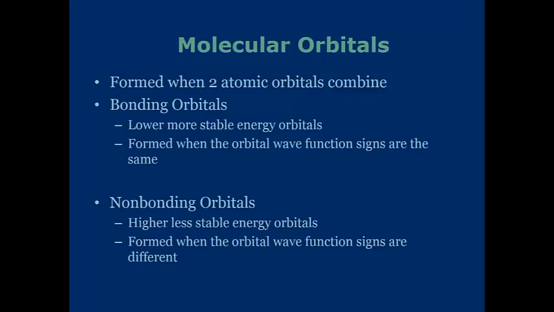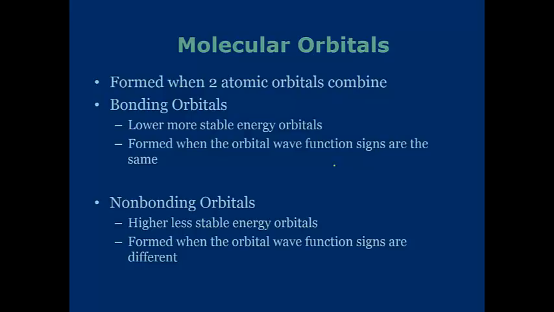Now that we've talked about atomic orbitals, let's go into molecular orbitals. These are orbitals, as the name would suggest, that are formed when 2 or more atomic orbitals combine. So you've got 2 atomic orbitals that are overlapping or not overlapping. If they overlap, they create bonding orbitals, which have lower, more stable energy orbitals. So this is formed when the orbital wave functions are the same.